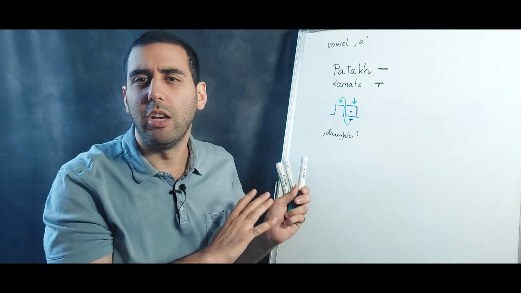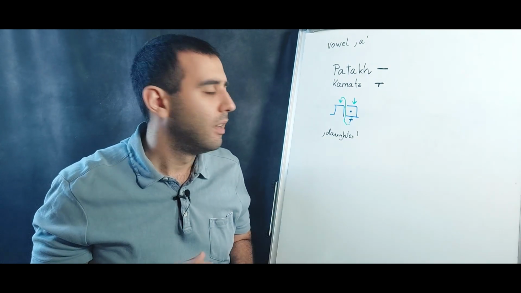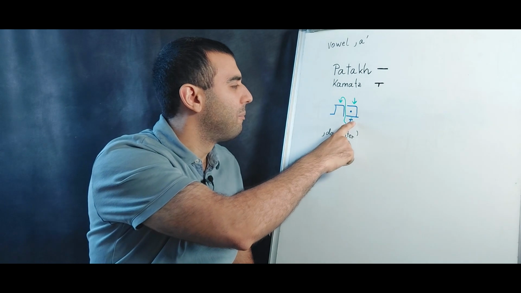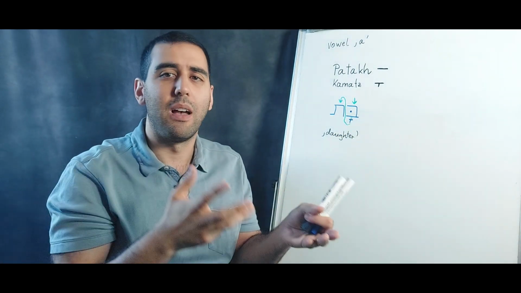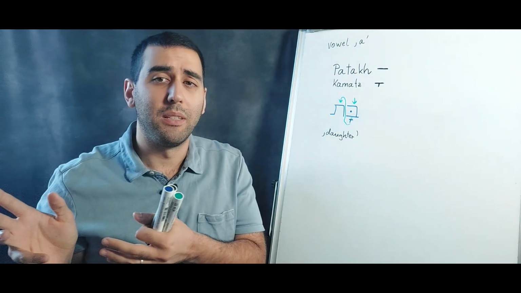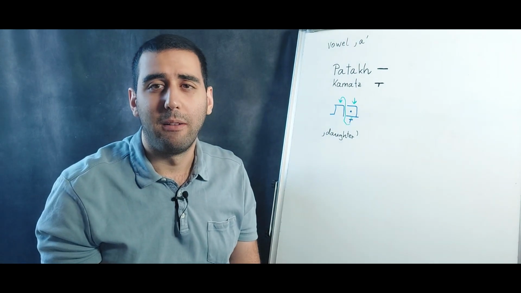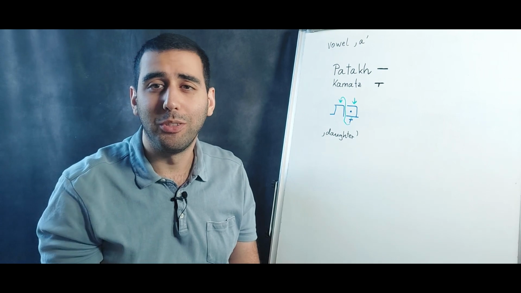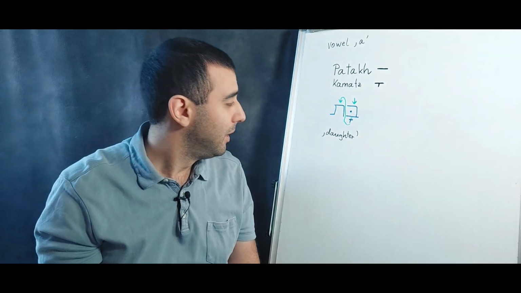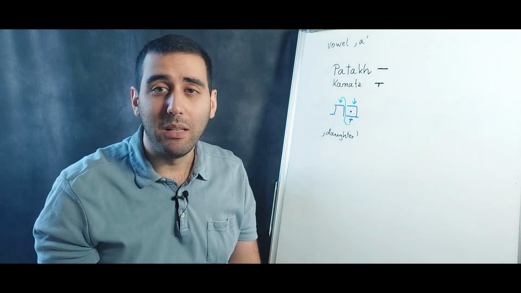But I'm not going to change it now. I just wanted to say that. So it actually should be a Patakh, because some words use Patakh, other words use Kamatz, and the word bat uses actually Patakh. But who cares? We want to just learn to read, right? So when you hear the word bat, it means daughter.